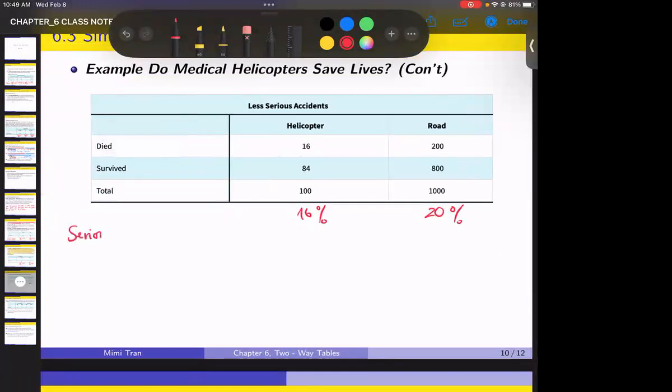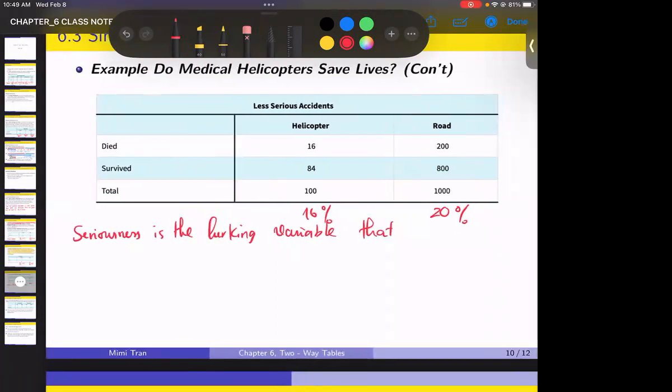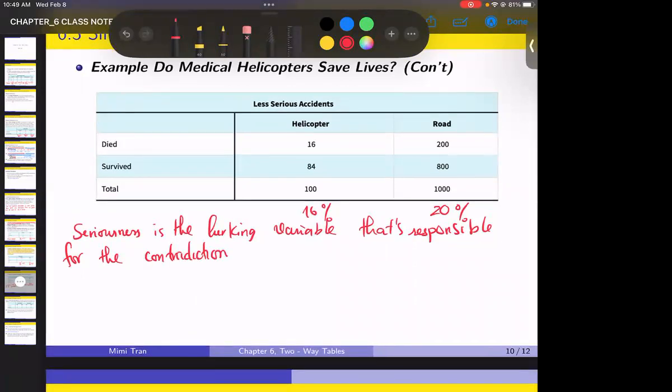So seriousness is the lurking variable that is responsible for the contradiction between subgroups versus the total group.